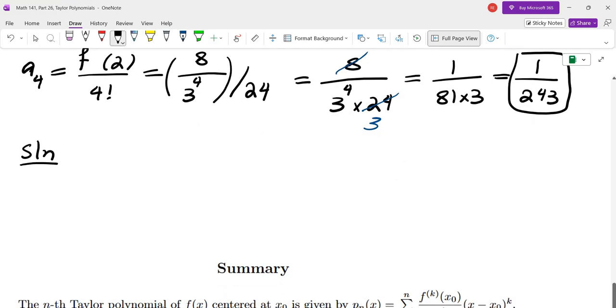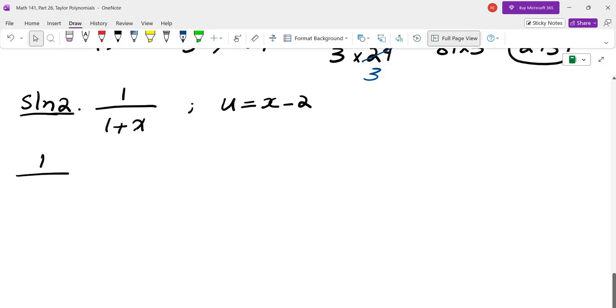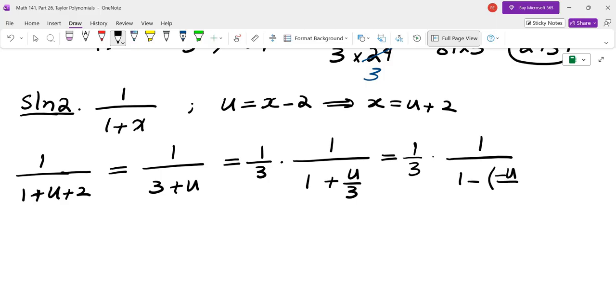Here is the second method. The second method is writing down the Taylor series for 1 over 1 plus x, but it has to be centered at 2. If you want to center it at 2, what we do is we take u equals x minus 2 and we plug it in there. We get 1 over 1 plus x becomes 1 over 1 plus (u plus 2). And then we use the geometric sum. So 1 over 3 plus u, which is 1/3 times 1 over 1 plus u over 3, which can be written as 1 over 1 minus negative u over 3.